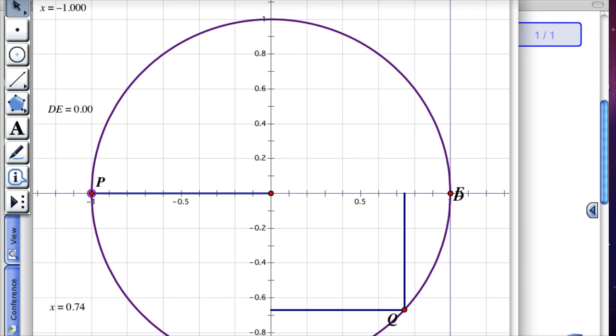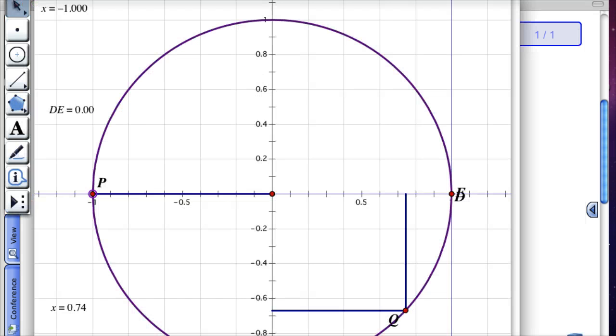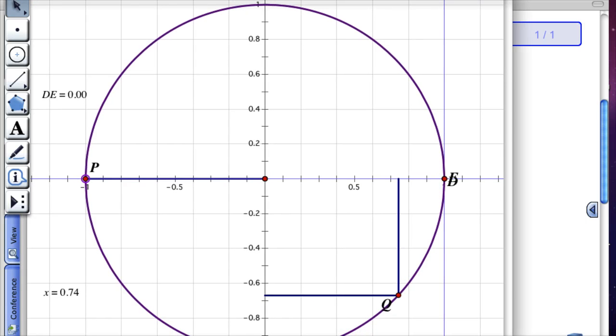If I do the same thing for cosine, but now we want the cosine of 180, then cosine over here is the x-coordinate, and that's minus 1. So cosine of 180 is equal to minus 1. So if I do cosine of 270, here I have to go way down.